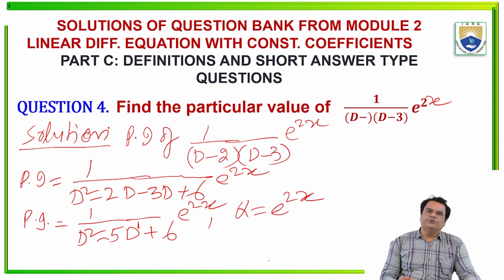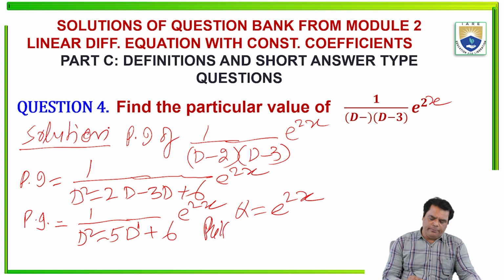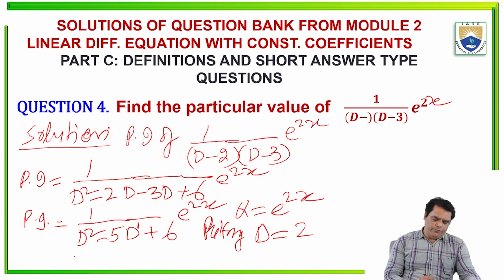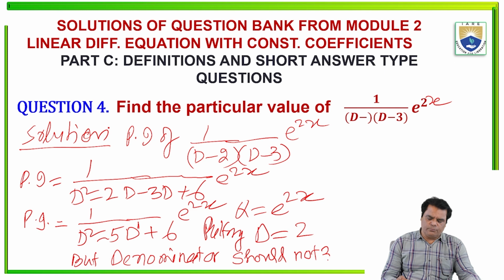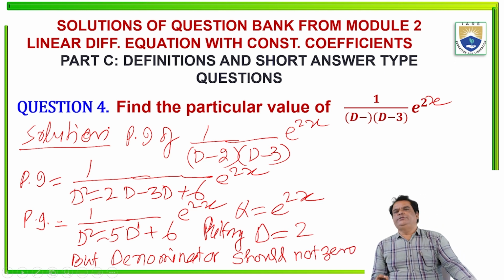So putting D equal to 2. The denominator should not be 0.